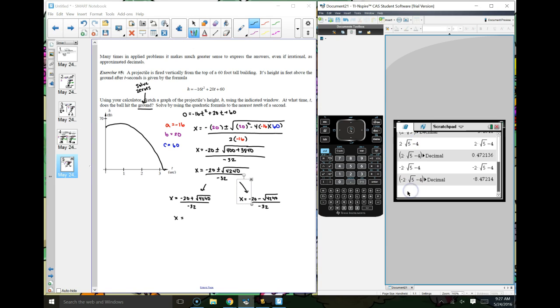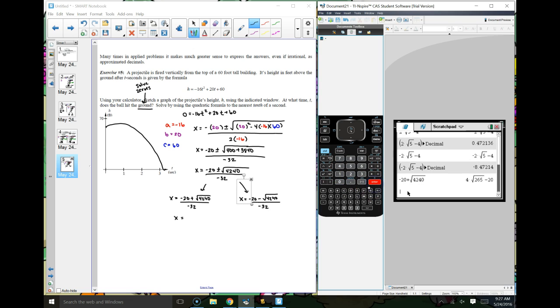Okay, so the way I'm going to do this is I'm going to hit Control square root, get a square root symbol, 4240, I plug in as a square root, plus negative 20, oops, actually let's do it the other way. Let's do negative 20 plus this Control square root, 4240, and I'm going to hit enter.